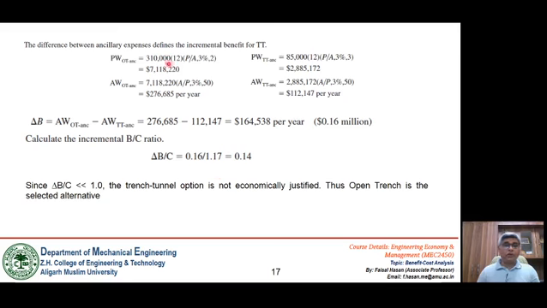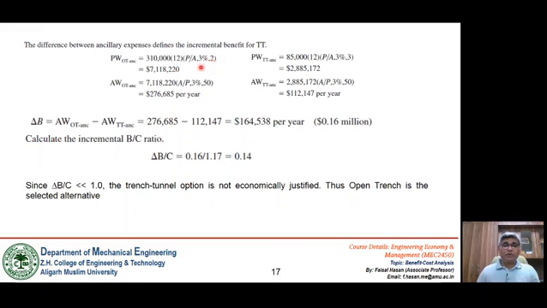Converting into a year, we multiply by 12. A is given, we are interested in finding out P. The interest rate is 3% and the time is 24 months, so that is 2 years. So this is the present worth associated with the benefits up to 24 months.